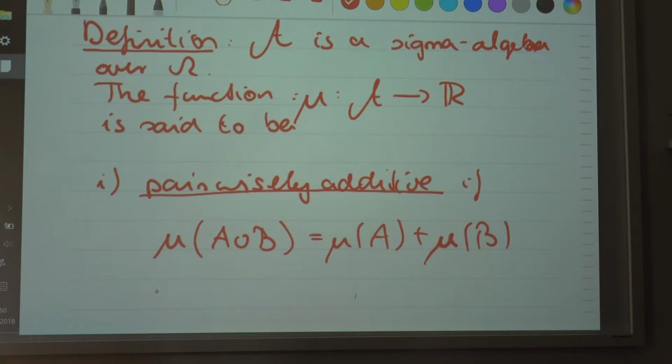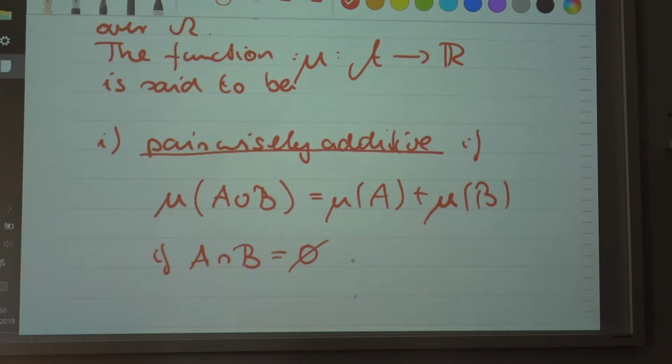So in case the sets are pairwise disjoint, so if A and B, the intersection of the two sets is empty, and that is true for all sets from the sigma-algebra. Later I'm going to give you examples so you see what a pairwise additive function is.